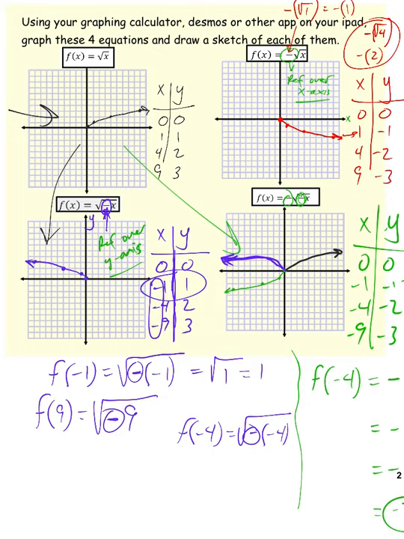Okay, so there's really three rules that we have here. We have the negative on the outside, we have the negative on the inside, and then we have the negative on both. And they led to either single reflections over one of the axes or reflections over both axes, which again led to actually a 180-degree rotation as well. And we can talk about orientation.